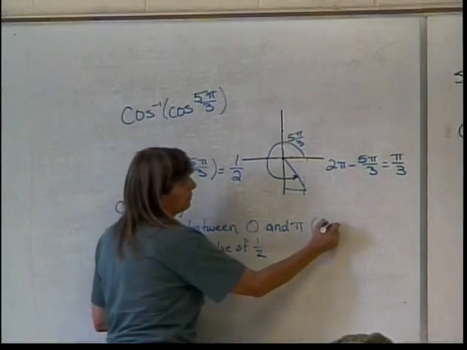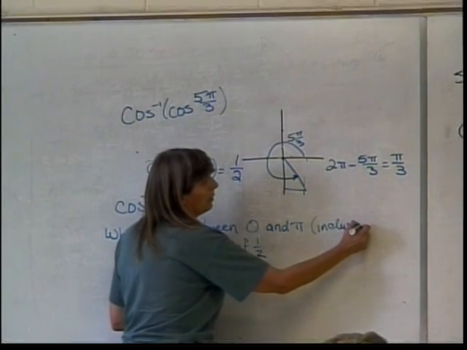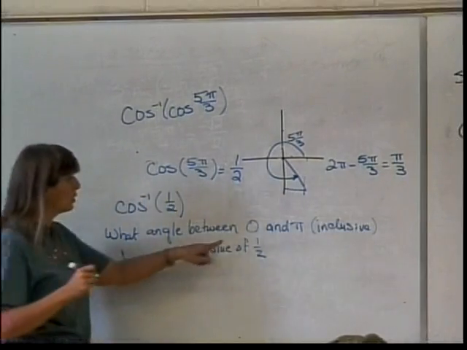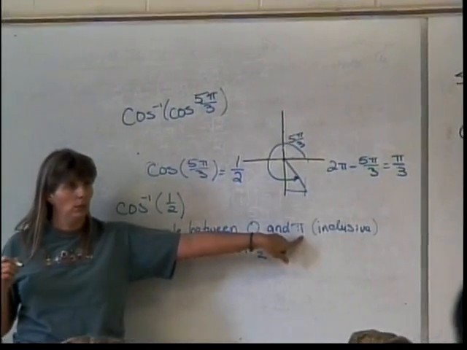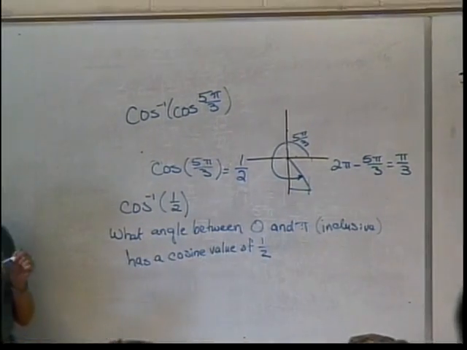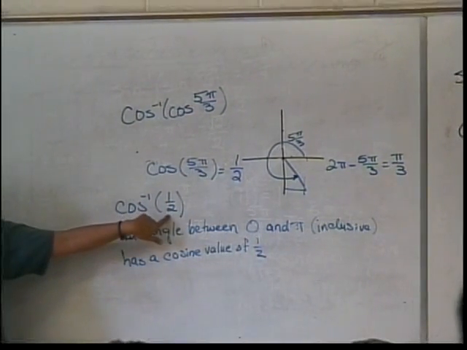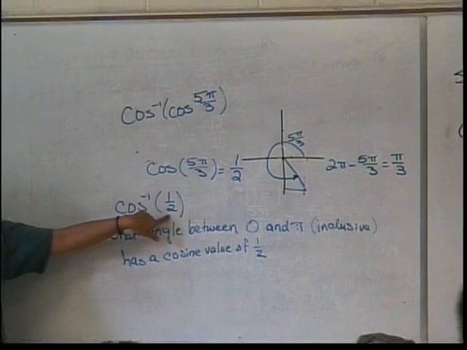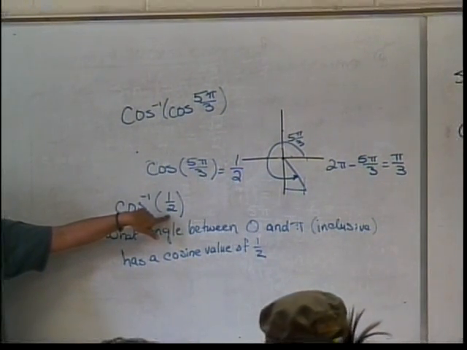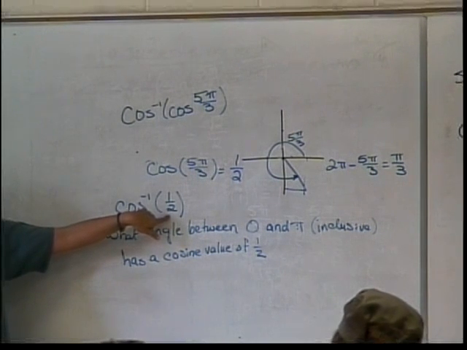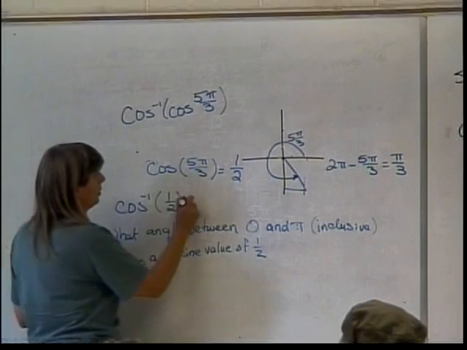So this is inclusive. Now notice I switched to be between 0 and pi because this is the range of my cosine inverse function. So, where am I going to be? Pi over 3? You guys okay with that? You're voting for that? Looks good?